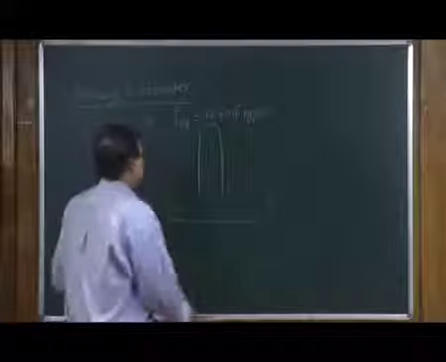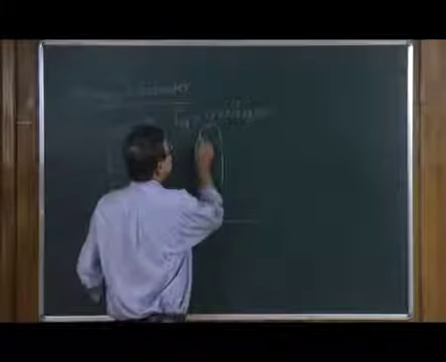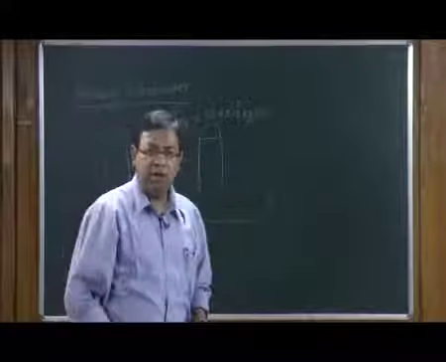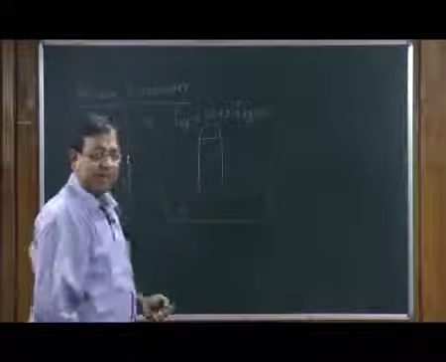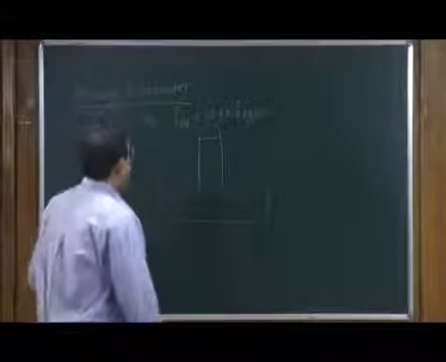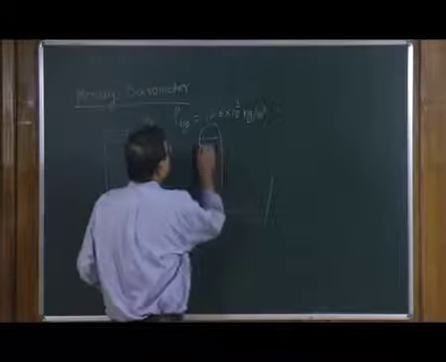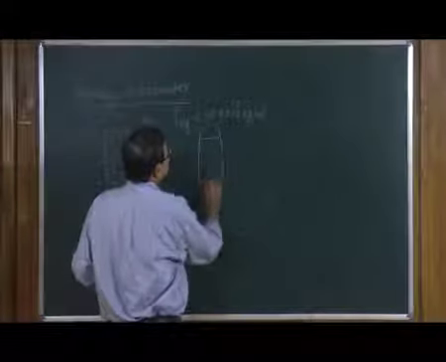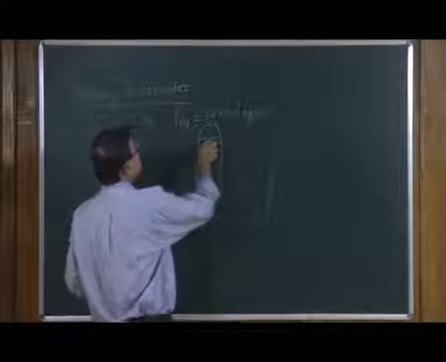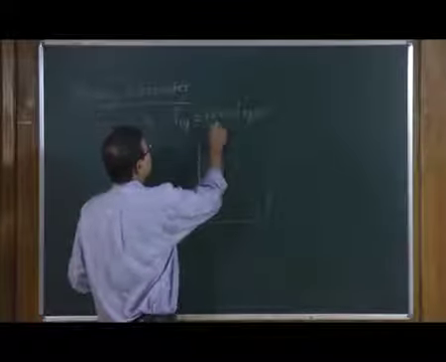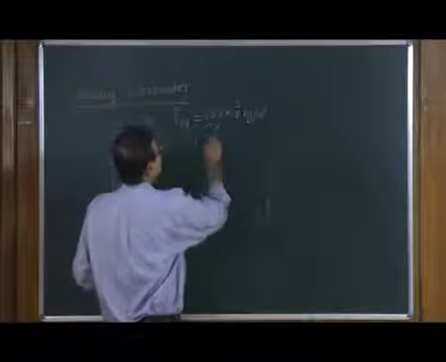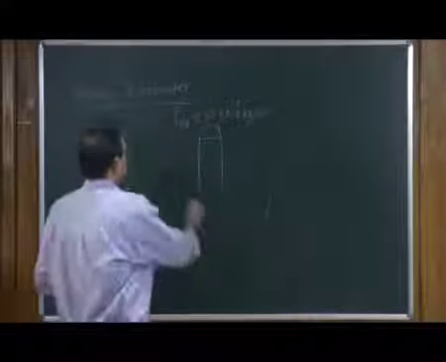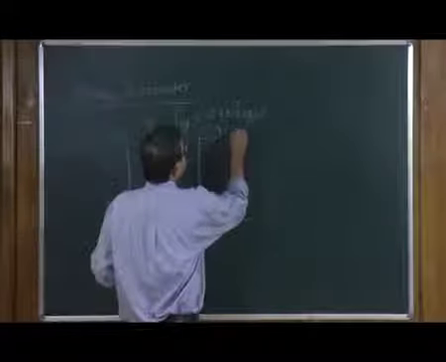Given that this tube is long enough, say something like a meter, the mercury fills up to a certain level and there is a vacant portion on top of that where there is really a vacuum.